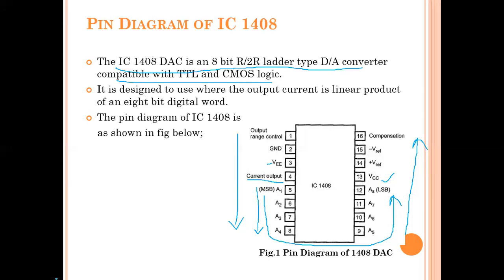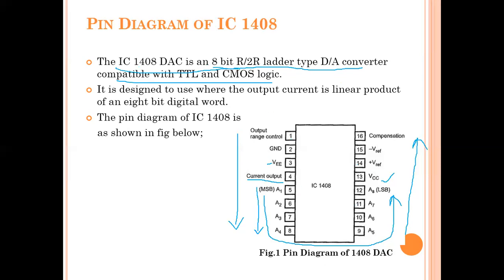The 1408 is available in monolithic form, as an IC, which consists of an 8-bit R2R ladder D2A converter. In the previous videos we discussed the R2R ladder and inverted R2R ladder D2A converters. Among those, here we are using the 8-bit R2R ladder D2A converter in IC form. So both are the same. The previous circuit you saw was a discrete circuit, whereas this is an integrated circuit.